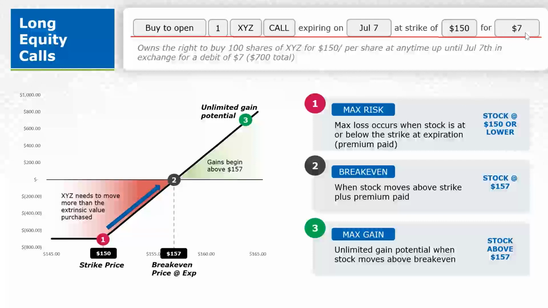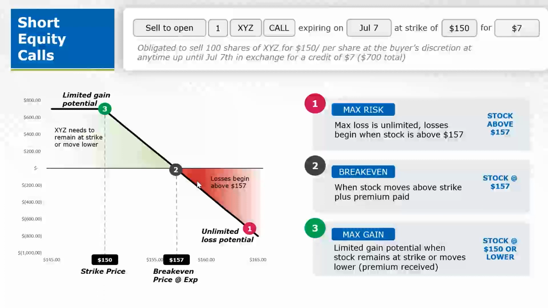So you will not lose more than what you paid for this call option. And that max risk only occurs when the underlying stock is below the strike price of 150. Between 150 and 157 is when you still experience a loss, but a more limited loss, better than $7.